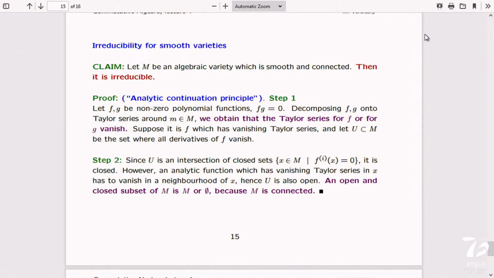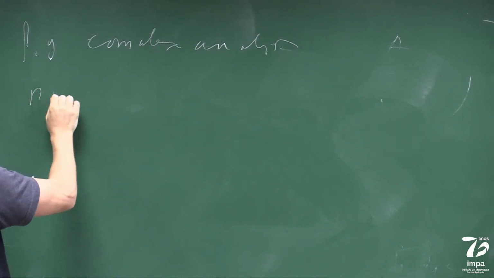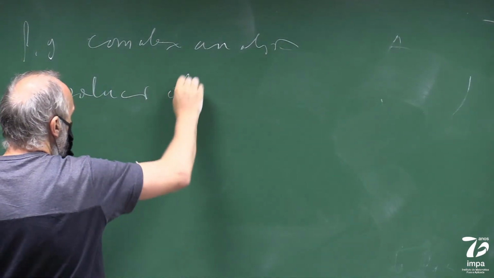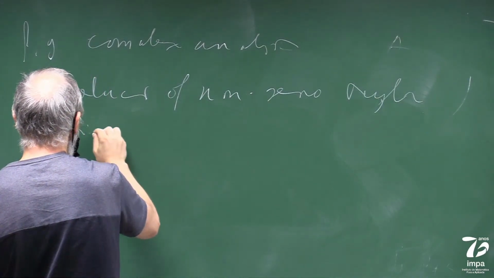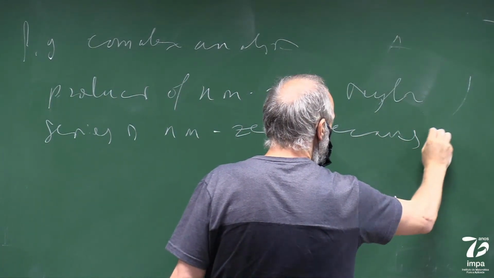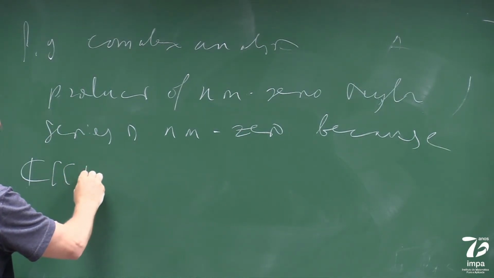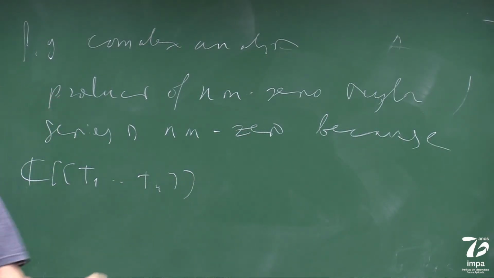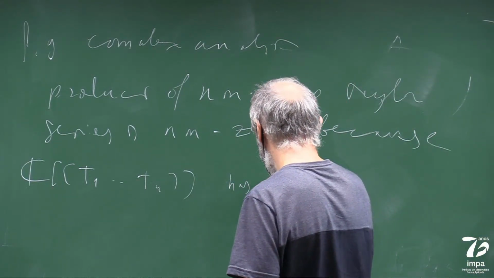The first point is that if you have f and g complex analytic, the product of non-zero Taylor series is non-zero, because you can embed Taylor series into the ring of formal power series, which is like infinite series without any condition of convergence. This has no zero divisors.